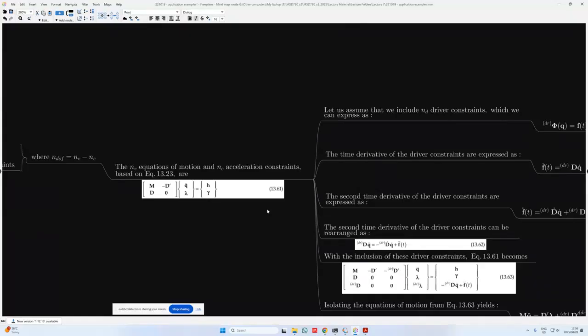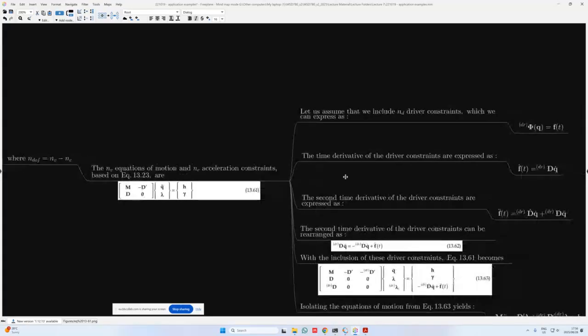For driver constraint, we enforce some sort of an angular velocity or angular acceleration or a linear velocity or acceleration on a system. So that is not an actual kinematic joint acting on the system. It's an input that we give to the system, an externally applied driver motor on the system. But we need to be able to compensate for that in a similar fashion as to 1361.